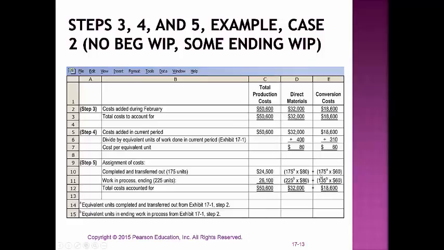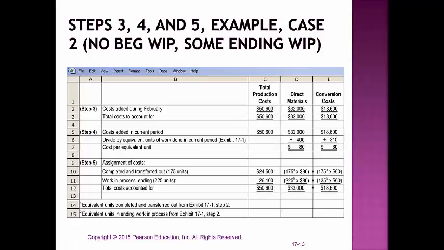So 135 is our equivalent units. 135 times 60 equals 8,100. So 18,000 plus 8,100 equals 26,100. And this 26,100 would of course remain on our balance sheet for our work in process inventory.